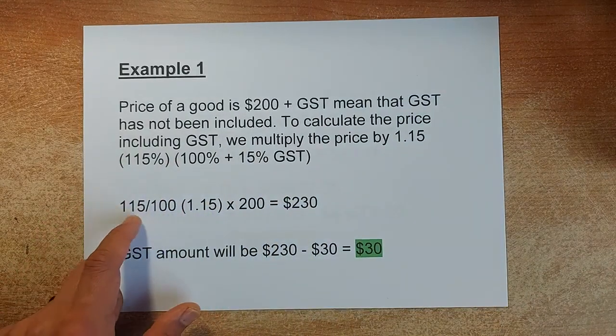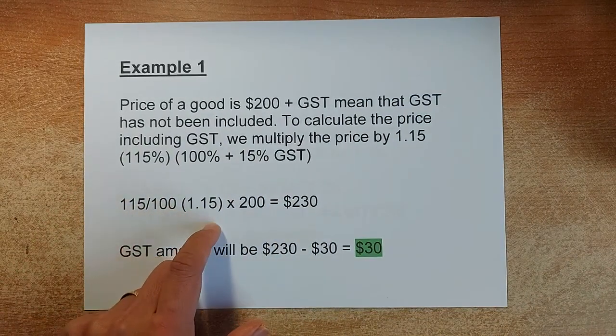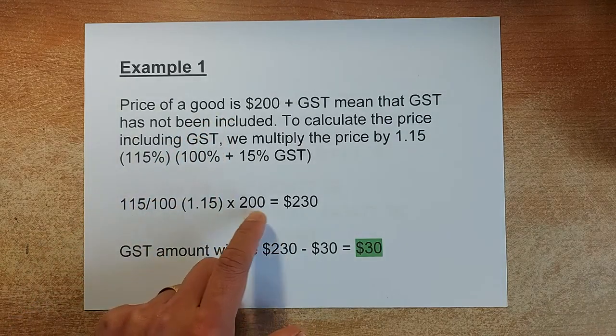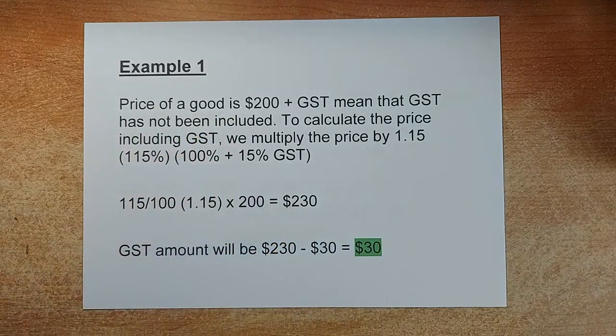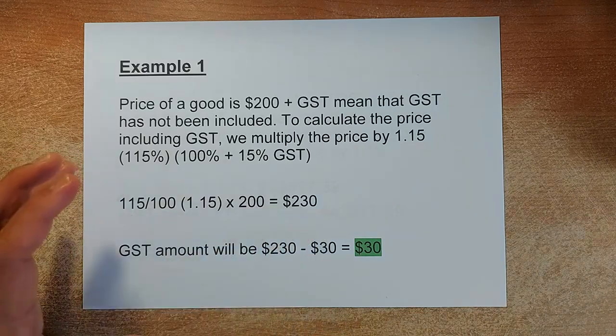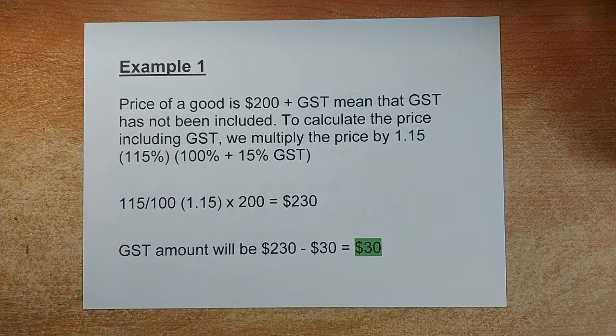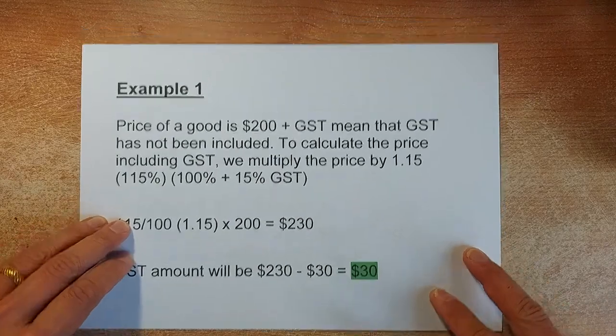So you multiply 1.15 by the original price, and that will give you 230. So for goods that cost $200, if you add the GST, the total price is going to be $230. The $30 extra is the tax that the government will collect from the customer. Correct? Yes, good.